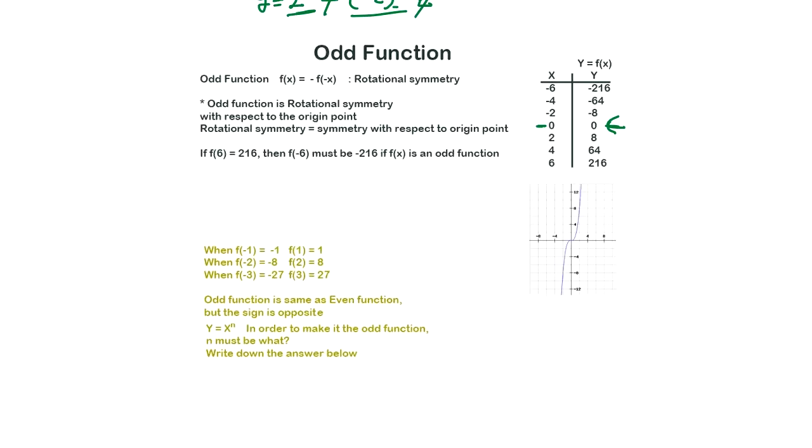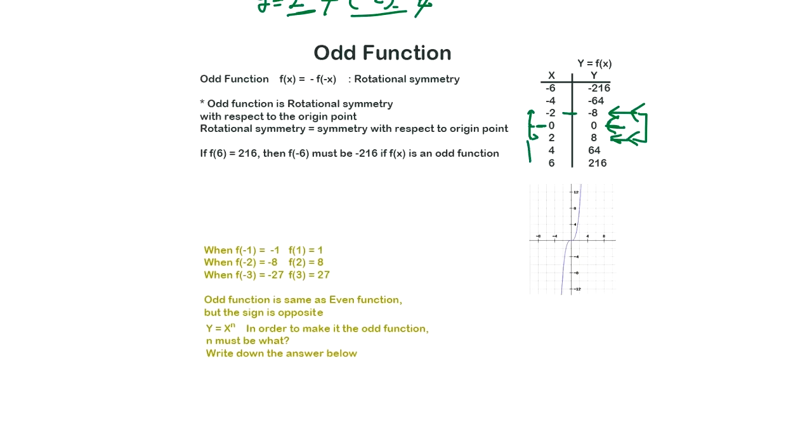The point is when x is 2 it's 8, but negative 2 then negative 8. The sign follows. This can be opposite. When x is 2, negative 8 and x is negative 2, positive 8, that is okay too, as long as the sign is inverted, right?